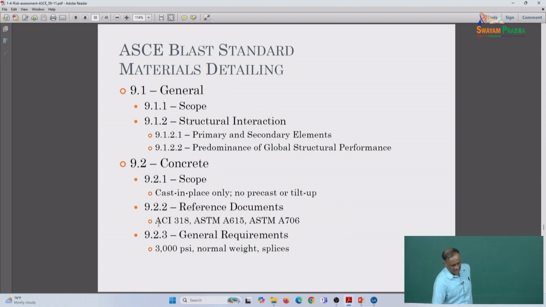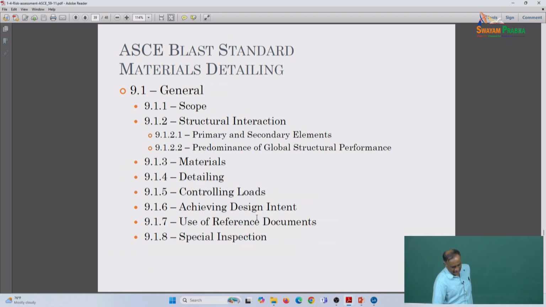The reference documents, just for your information: ACI 318 is our concrete code, and then ASTM 615, that's the steel, basically the rebars, and these are all rebar details. And further along it talks of interaction between the primary and the secondary elements and how to detail them.